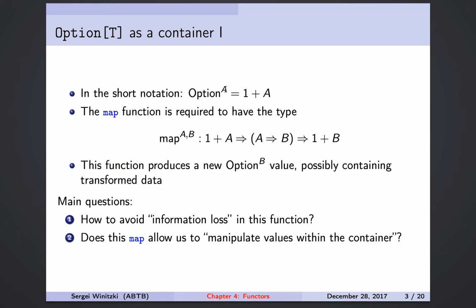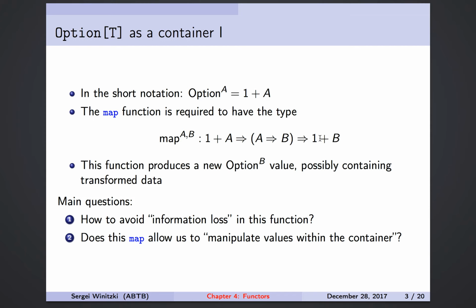So option is defined as this type, as a disjunction of unit and a value of type A. So the map function, if option were to be considered as a container, it needs to have a map function, would have this type. So it goes from 1 plus A to B to 1 plus B. And this function needs to produce a new value of type option B, which possibly contains transformed data.